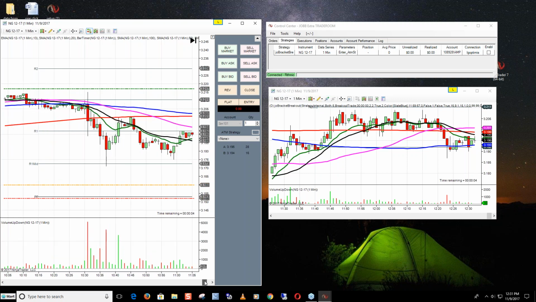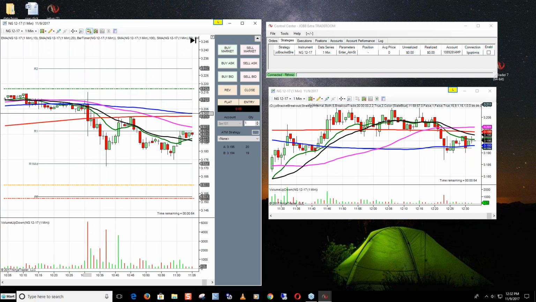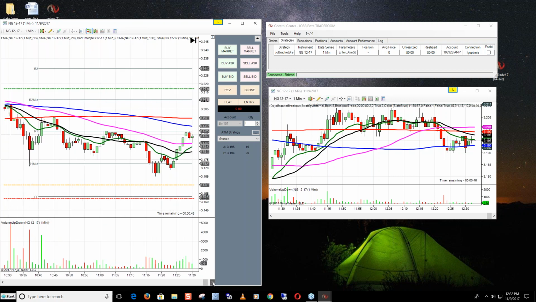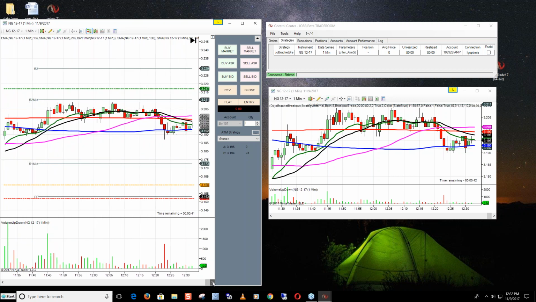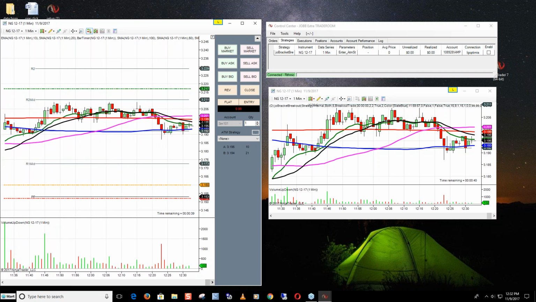Had the report, moved down a little bit, and had a nice move down. It popped up first, and then had a very nice, very controlled move down. And then it reversed.